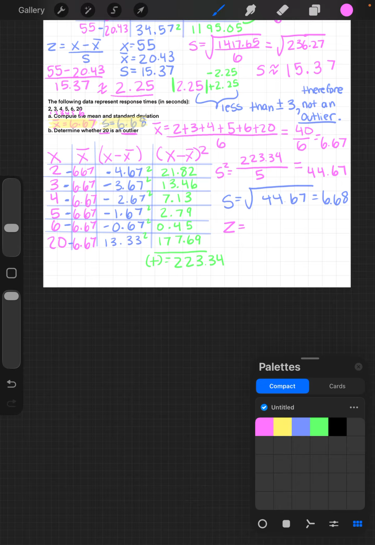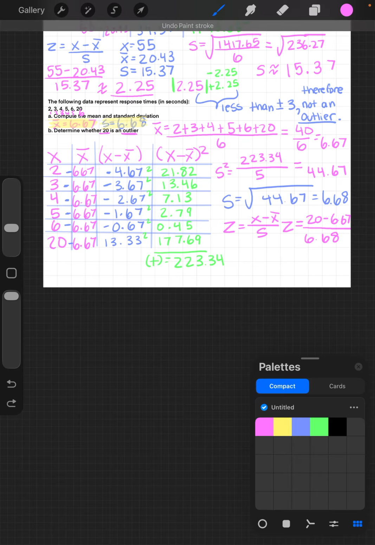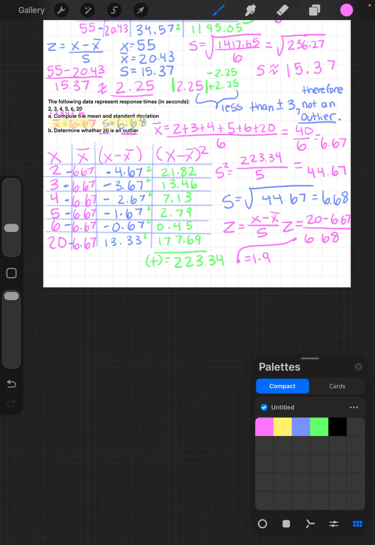So our z-score is equal to 20 minus 6.67 over 6.68, which is equal to 1.996, which is basically 2.